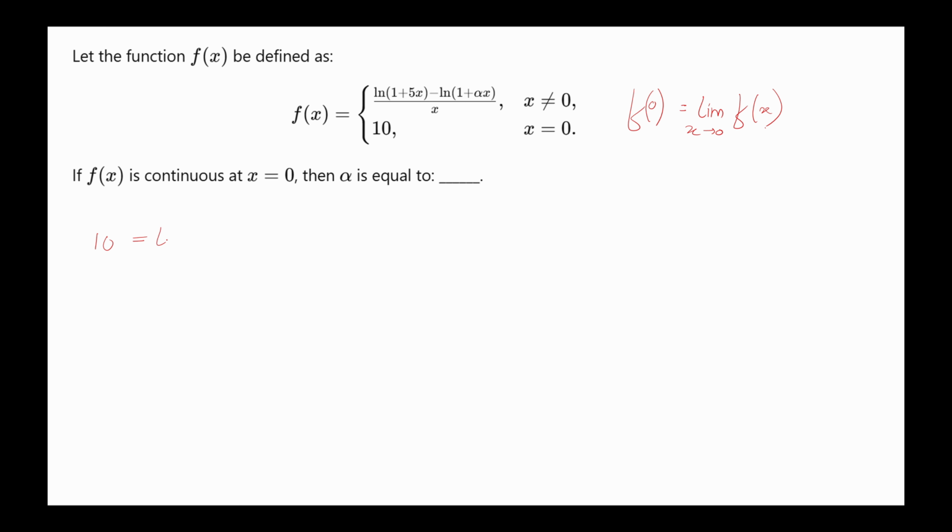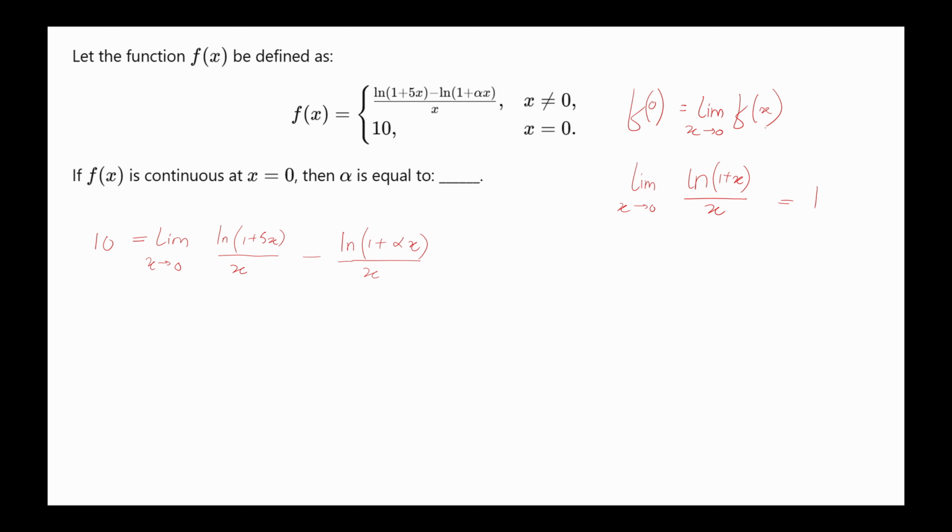This value is equal to limit x tending to 0 of ln(1 plus 5x) upon x. I am simply separating these two terms so that I can solve it more easily. Plus ln(1 plus alpha x) upon x. This is another term. So I hope you all remember this standard limit that we had studied, limit x tending to 0 of ln(1 plus x) by x, and x is tending to 0, what does this value become?